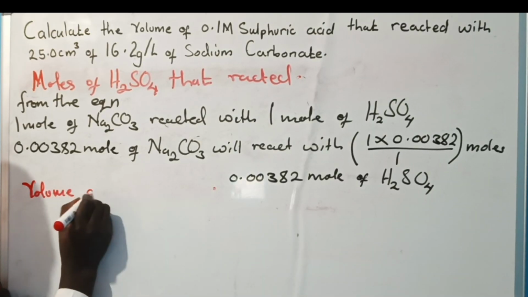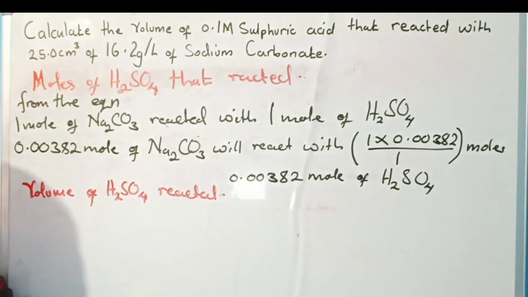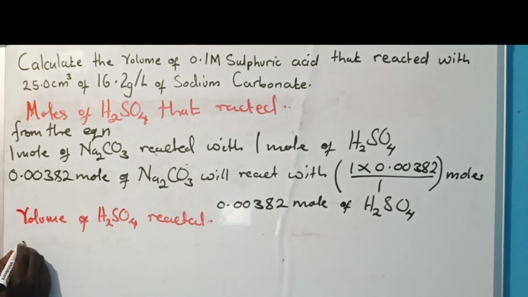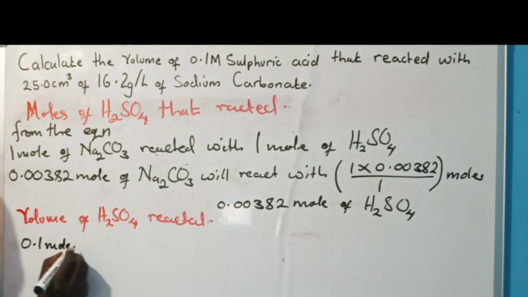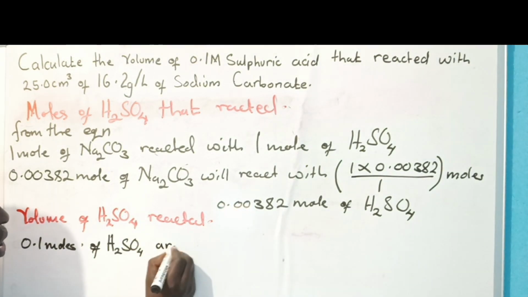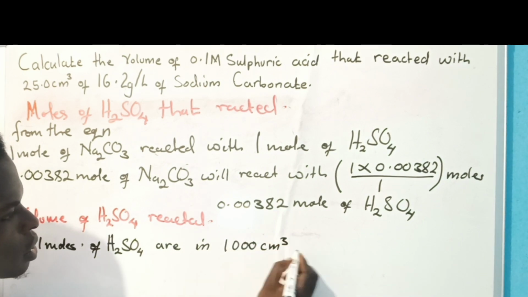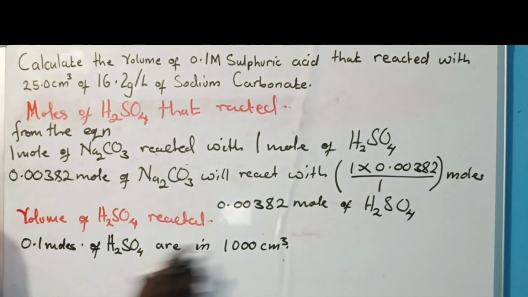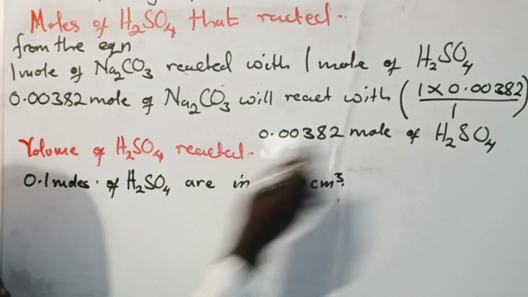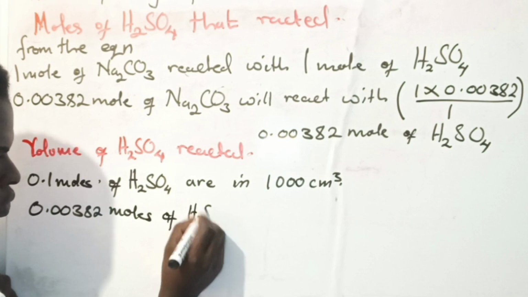Next now, the volume of sulfuric acid that reacted. The molarity of sulfuric acid was given, that is 0.1 moles of sulfuric acid are in a liter or are in 1,000 cubic centimeters. The molarity is always in a liter. Therefore, what about the moles of sulfuric acid that reacted, are in which volume?